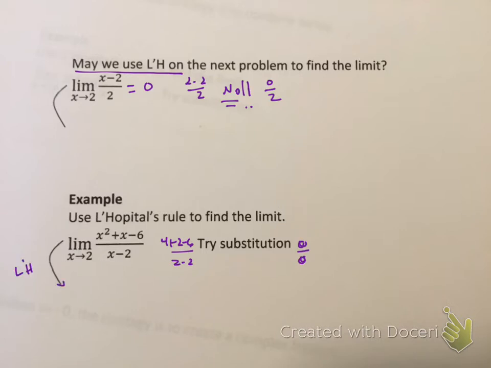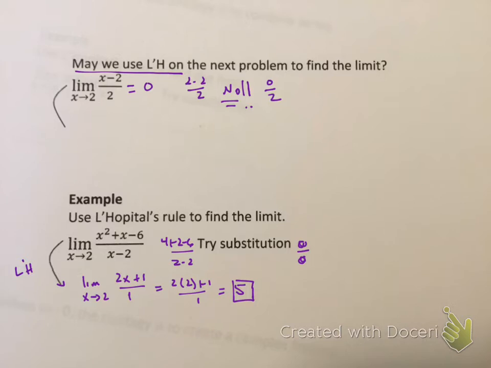When you apply L'Hopital's rule, you end up with 2x plus 1 over 1. So when you plug that in, you end up with 2 times 2 plus 1 over 1. This is going to work out to be a 5. So you can use L'Hopital's rule now and forevermore. You don't have to do it by factoring.